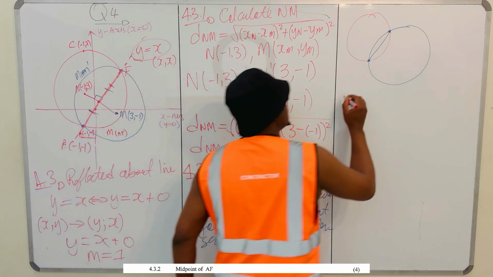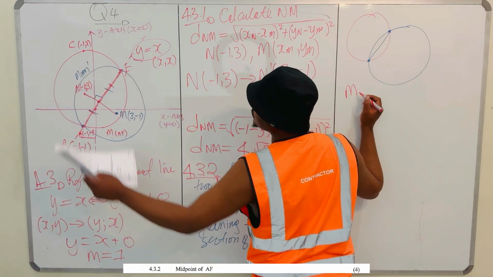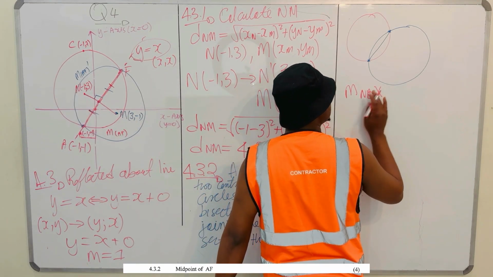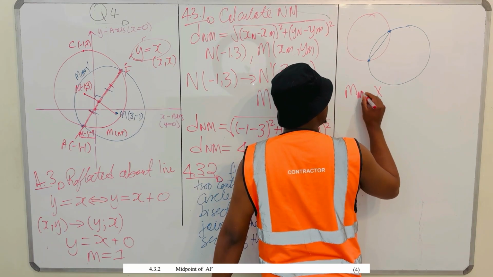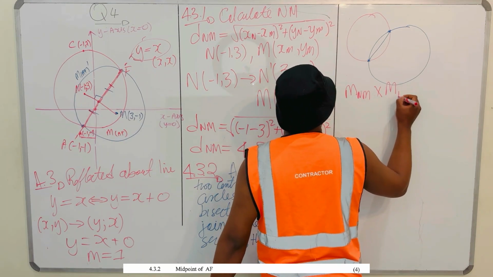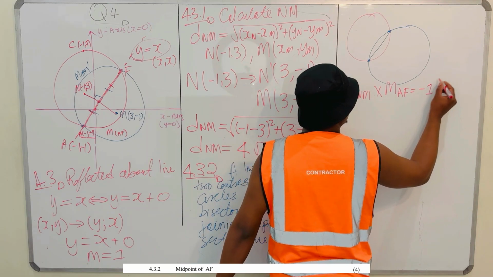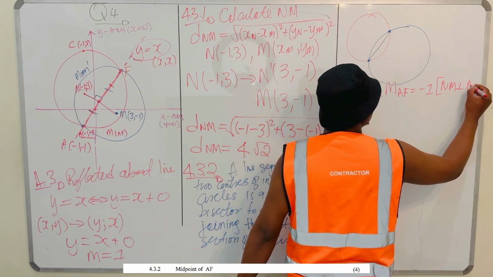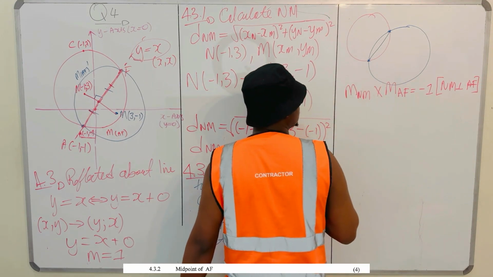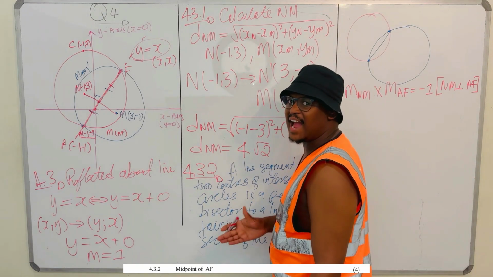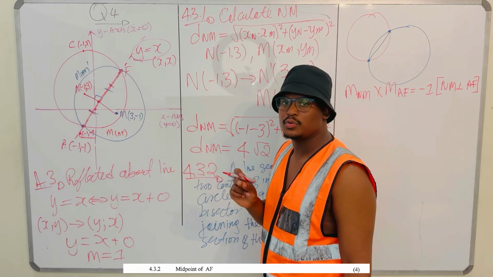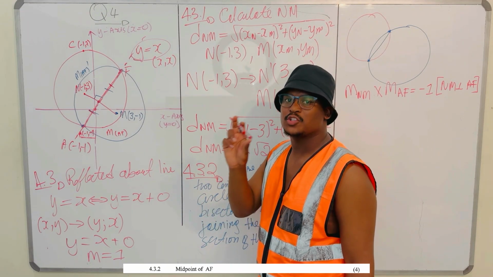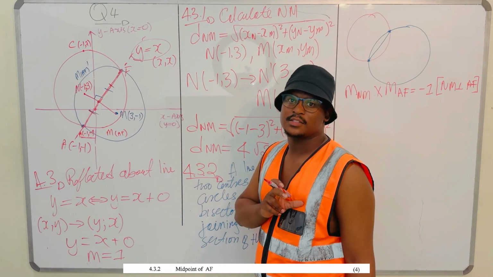So the gradient of NM times the gradient of AF is equal to -1. Why? Because NM is perpendicular to AF, right? Which is what I just said here, that a line segment joining the centers of two intersecting circles is a perpendicular bisector to a line segment joining the points of intersections of those two circles.